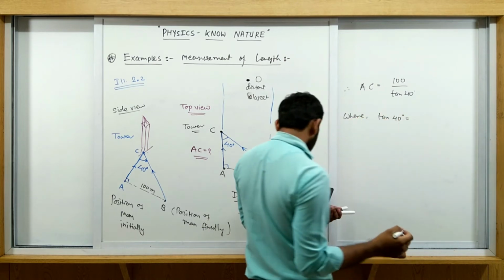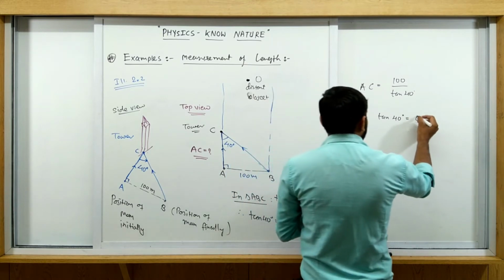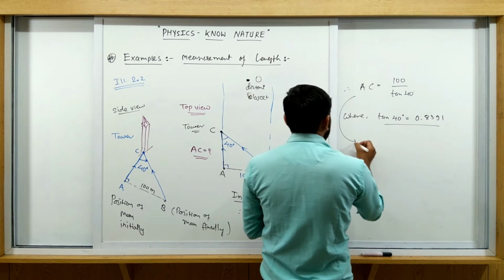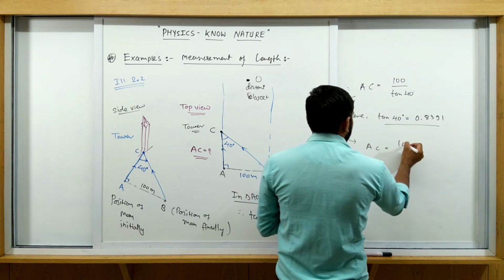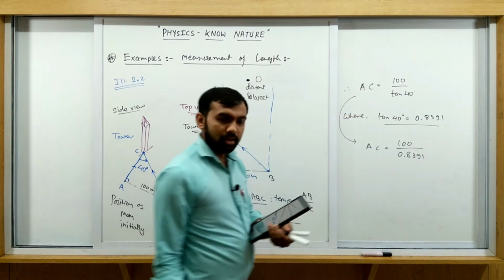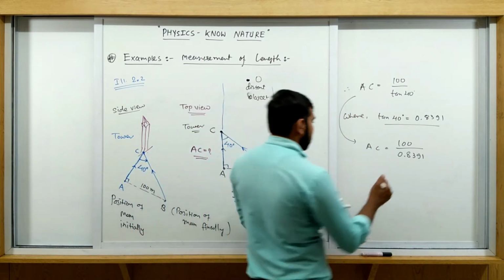Tan 40 is equal to 0.8391. Write this down, all of you must write this. So put this value here. AC is equal to 100 upon 0.8391. Finally you get the answer: 119 meters.